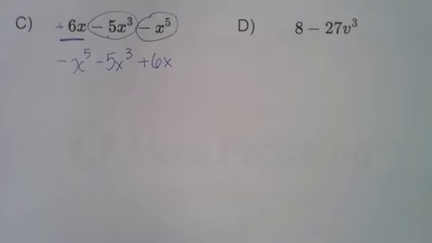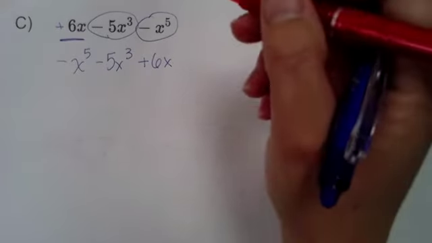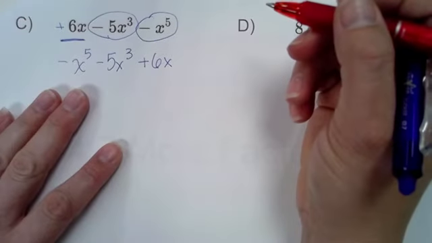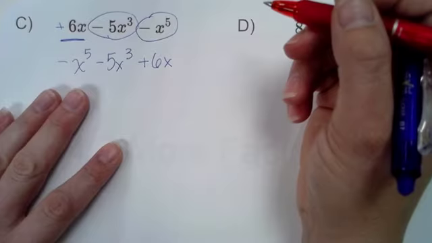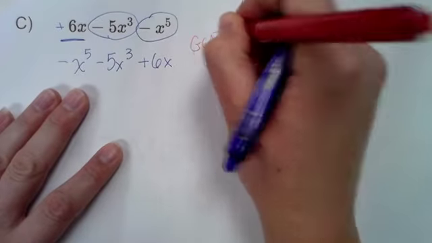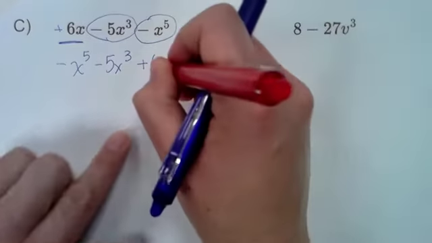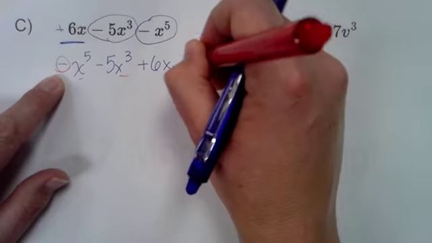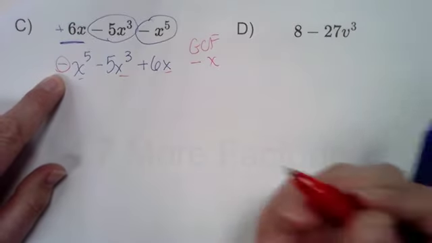Now, what can we do here? Yeah, they got a GCF here. They all have an x. We can take out, and I got this leading negative, so I'm going to take out a negative x.